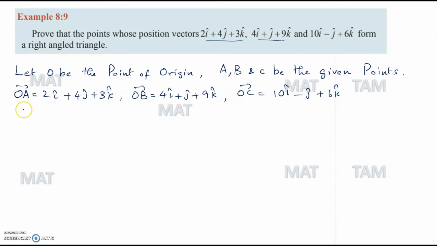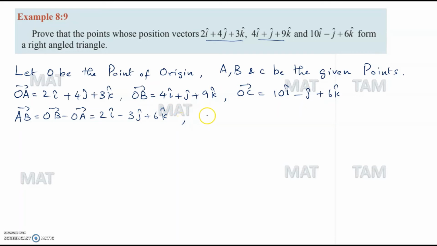Now our vector AB can be written as vector OB minus OA. By subtracting, 4 minus 2, you get 2i cap, 1 minus 4 is minus 3j cap, 9 minus 3 will be plus 6k cap.